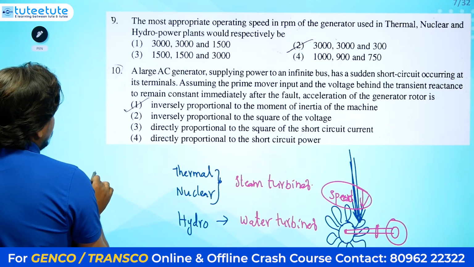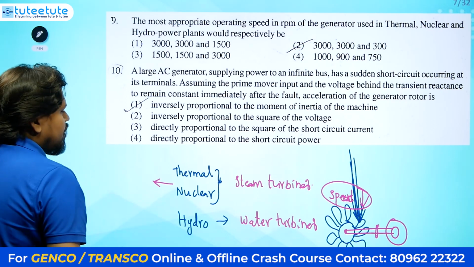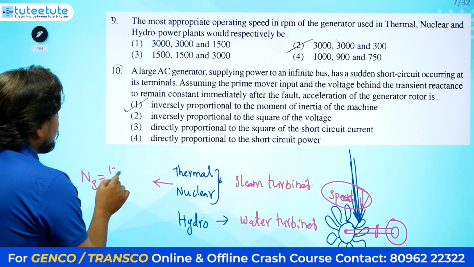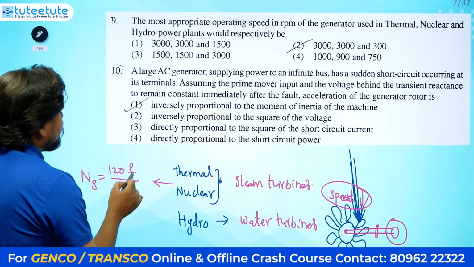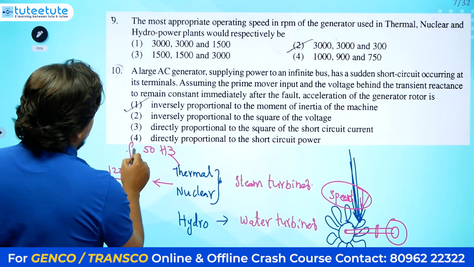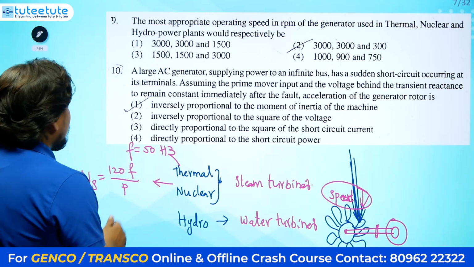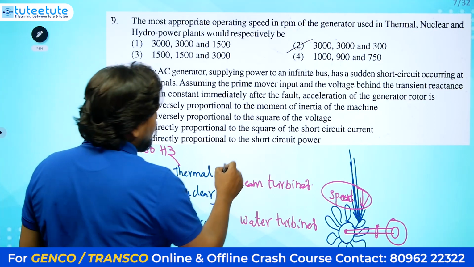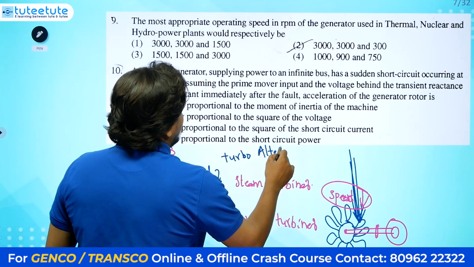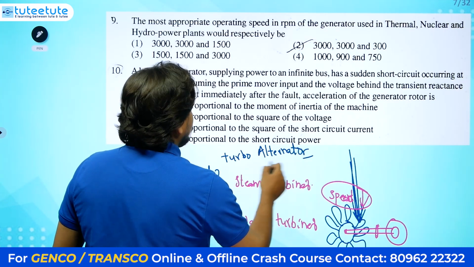And one more thing, for the thermal and nuclear power plants, generally the synchronous speed will be 120 F divided by P. We know F equals 50 hertz for our systems. And the number of poles, we are using turbo alternators here, which are already high speed alternators.